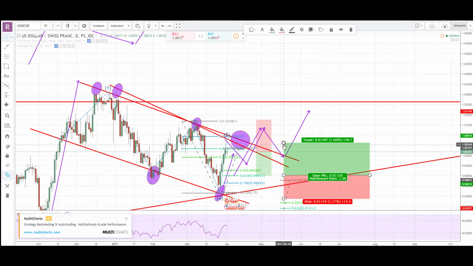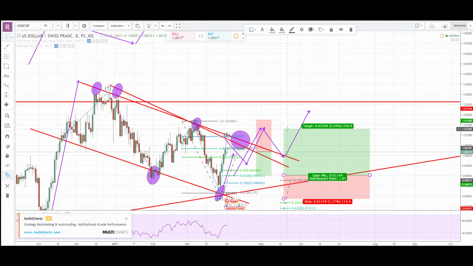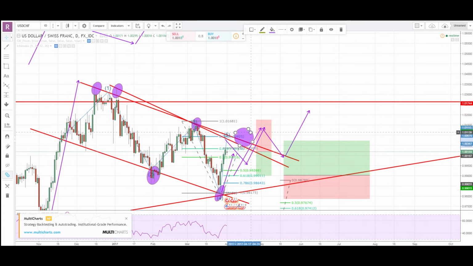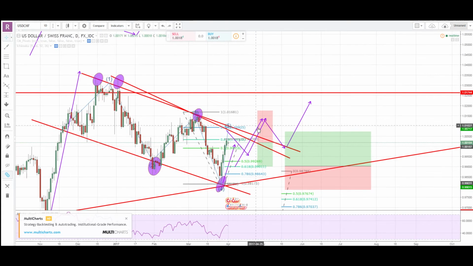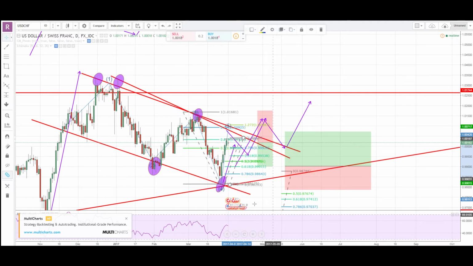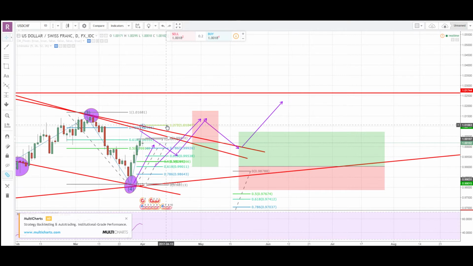Go long, stop loss below the last peak, and take profit somewhere between the next swing high, which is around here, that will touch this structure, and swing low to swing high, and extension is right there.